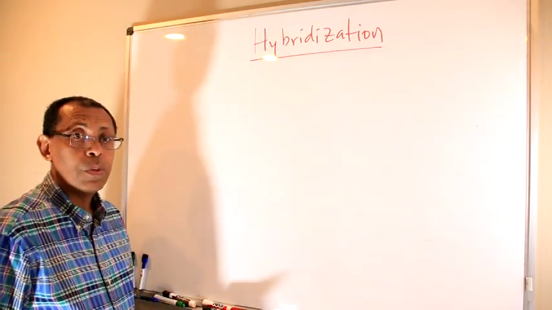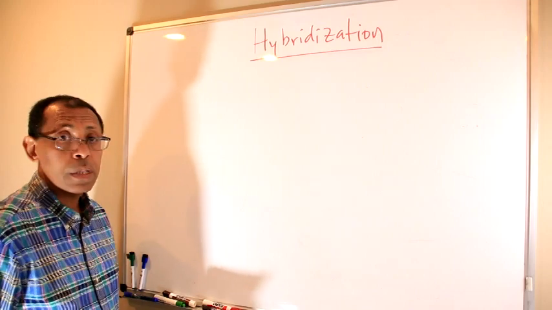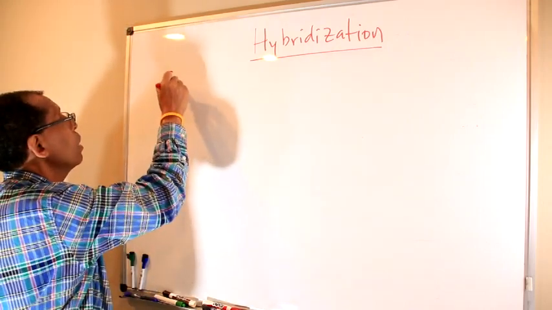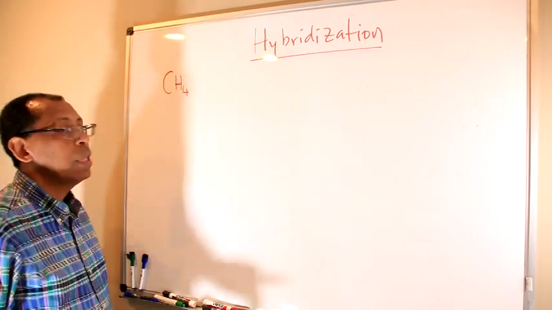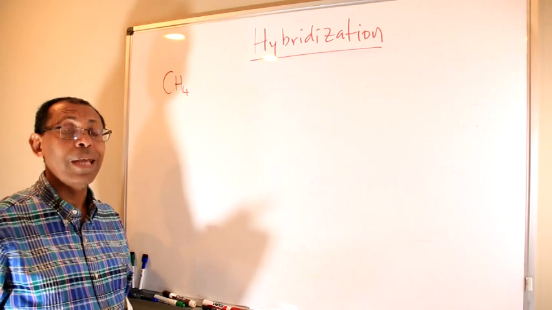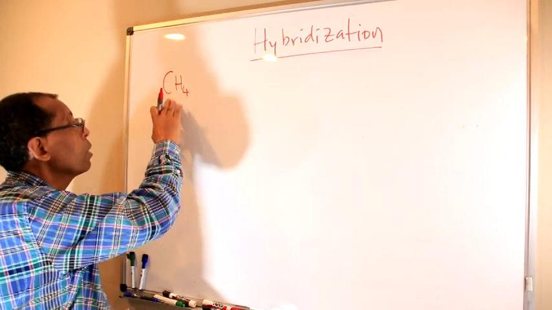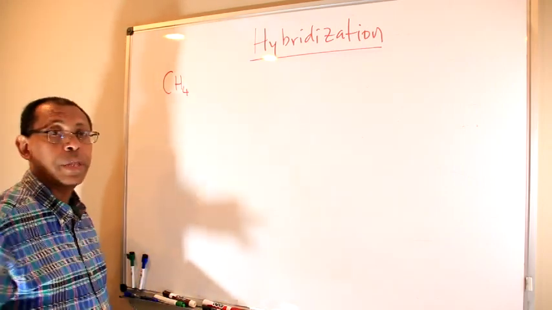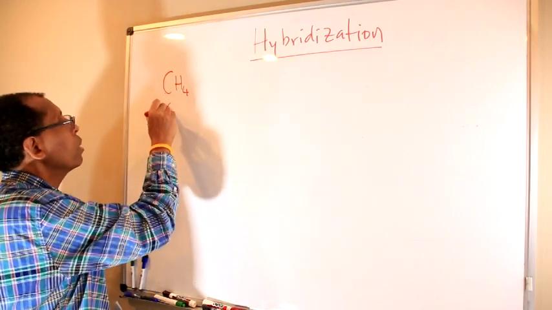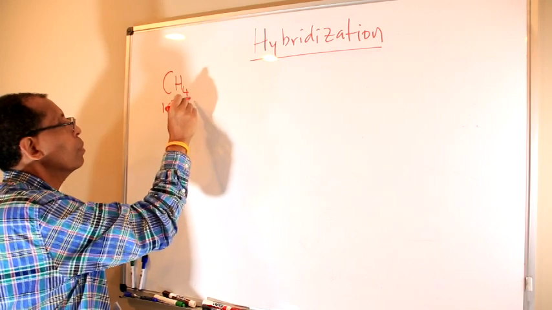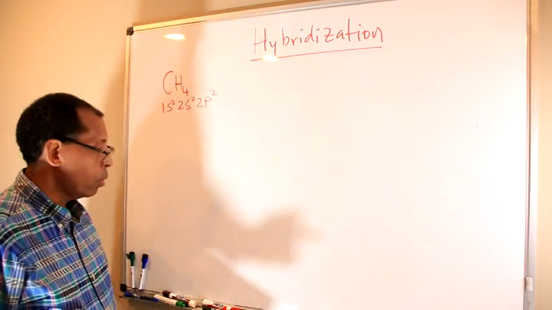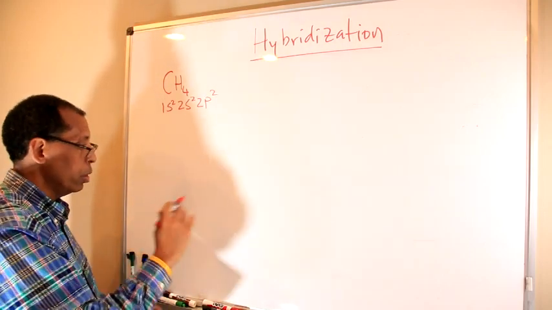We told you about hybrid orbitals. We'll now discuss how methane, which is CH4, is made. First, let's see just the atomic orbitals by themselves. For example, carbon in a ground state, that means unexcited carbon, which is a 1s2, 2s2, 2p2 configuration, would have its orbitals arranged by an energy diagram.